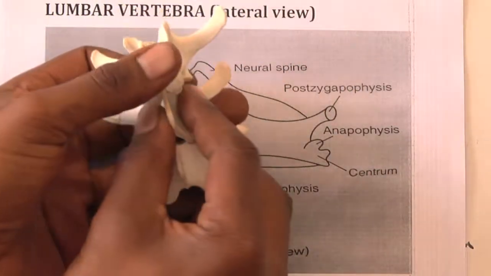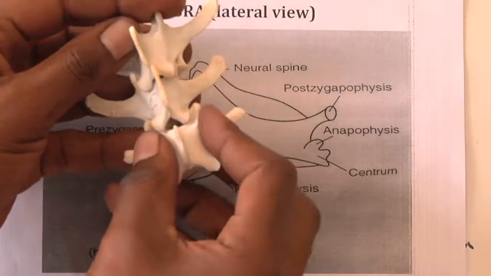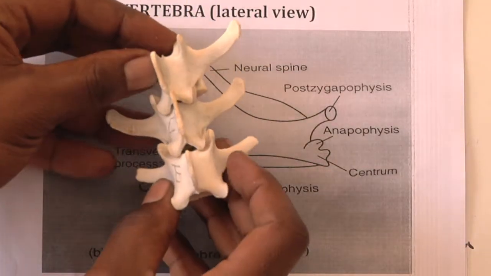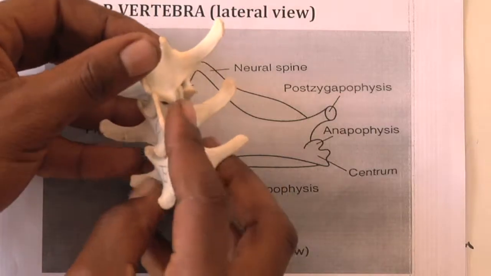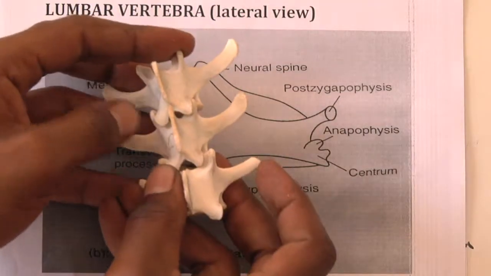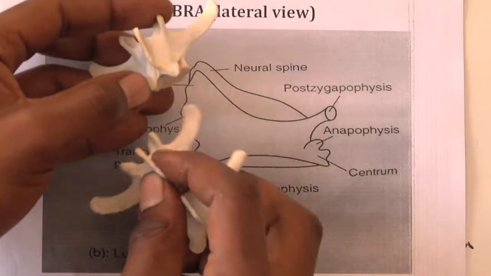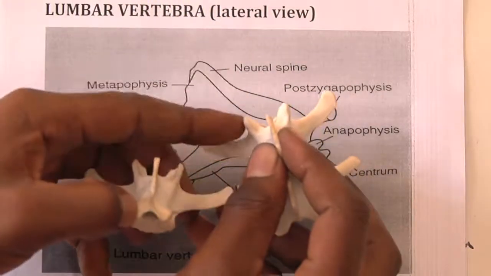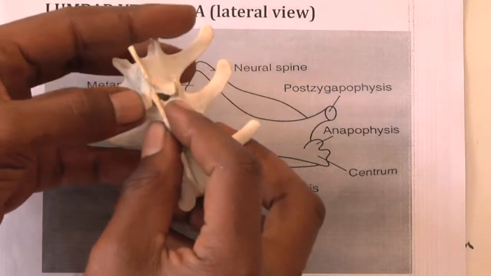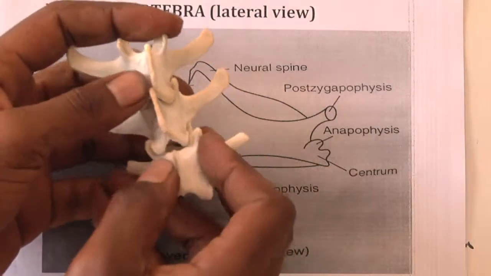Like that. So you see, I've articulated 3 lumbar vertebrae whereby there is a lumbar vertebrae with a post-zygapophysis, this one, articulating onto the pre-zygapophysis. So that is the manner in which they're going to be articulating.